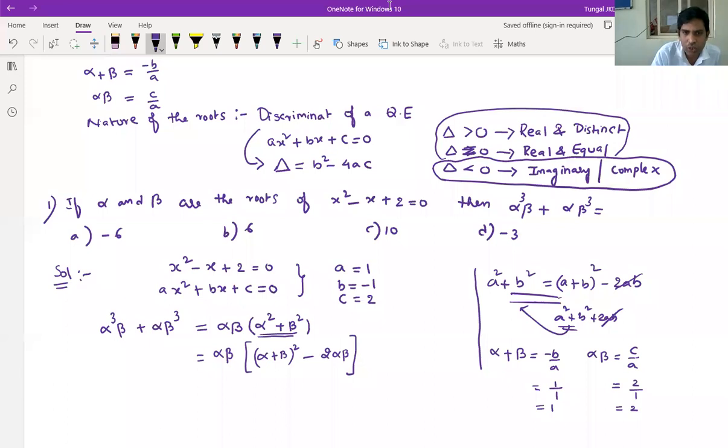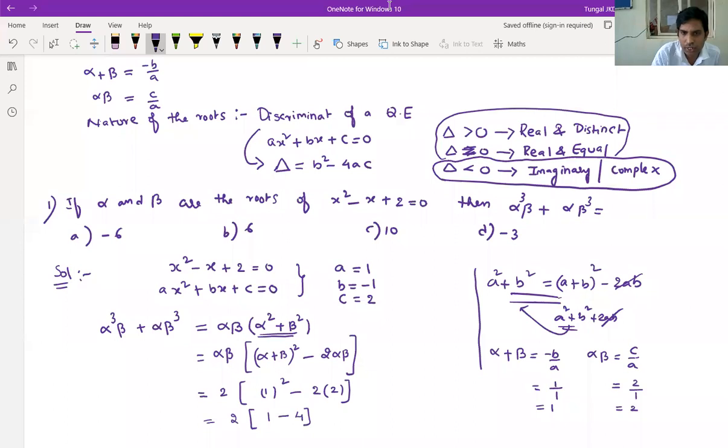So the two values here you substitute. What will you get? 2 into alpha plus beta whole square, nothing but 1 square, minus 2 alpha beta, nothing but 2 into 2. So total simplify, what will you get? 2 into 1 square, nothing but 1. 2 into 2, nothing but 4.